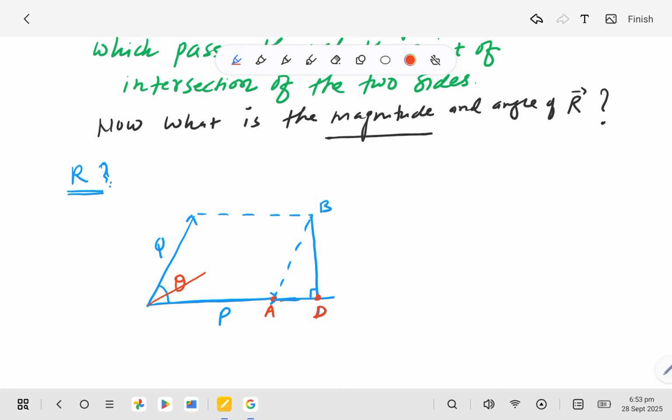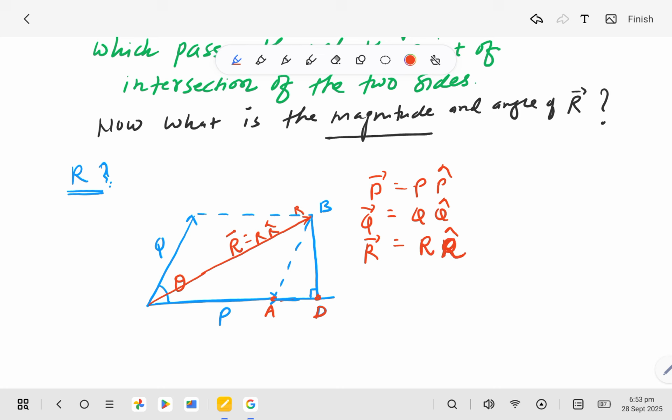So now the resultant force is R, so magnitude is R, so we can write R equal to R cap. Okay, so we can write the forces: P has magnitude P and direction P cap, Q has magnitude Q and direction Q cap, and the resultant is R, and R cap is the direction.